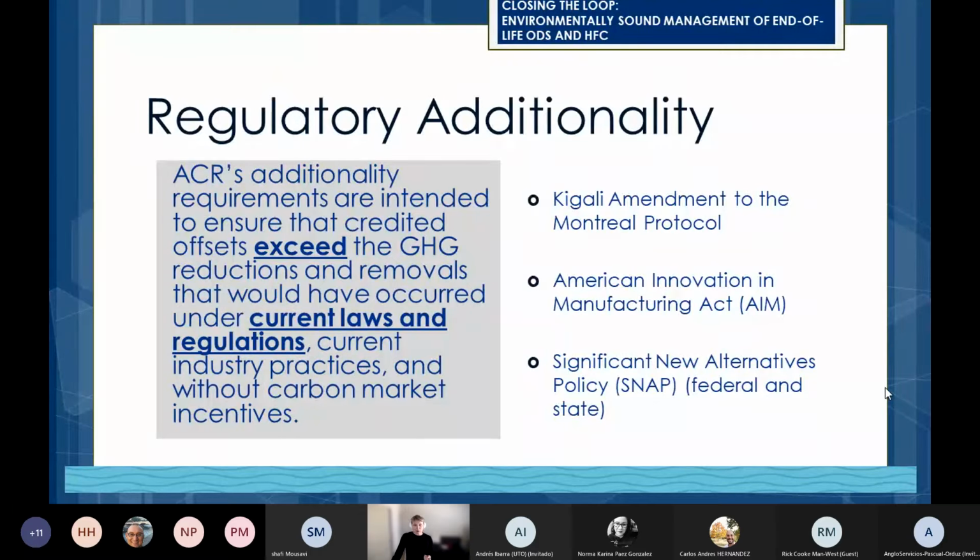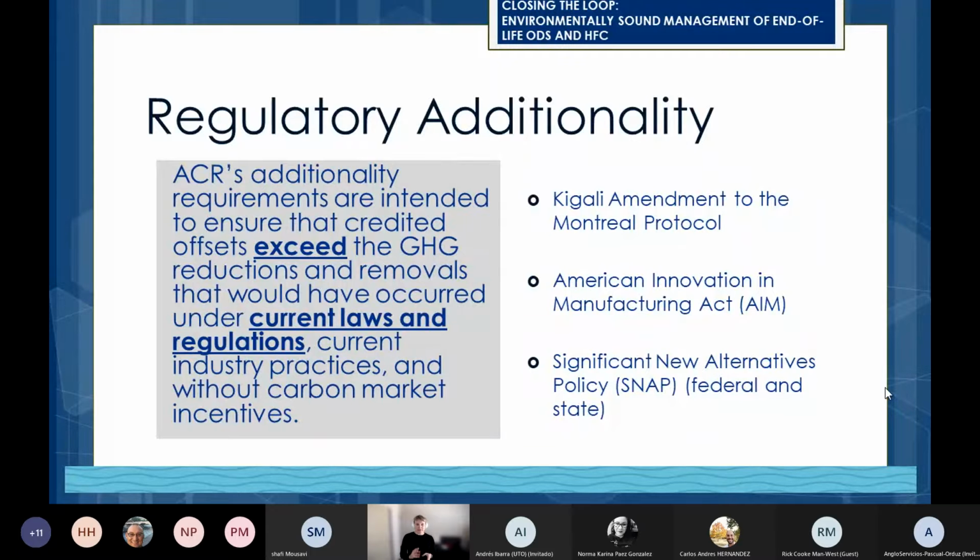And so as more of these compounds are completely phased out, they can become eligible for destruction because the production is banned, but their destruction is not required by law. So you can use the carbon market as an incentive mechanism to prevent the leaking by destroying it.